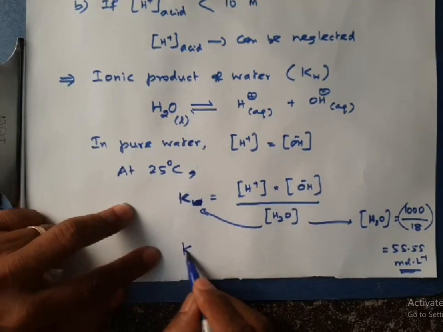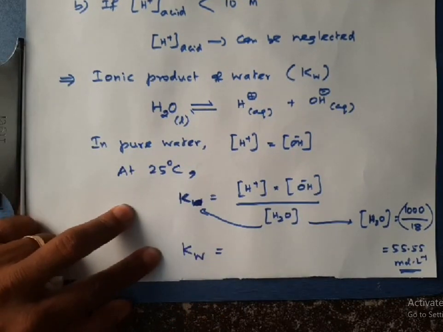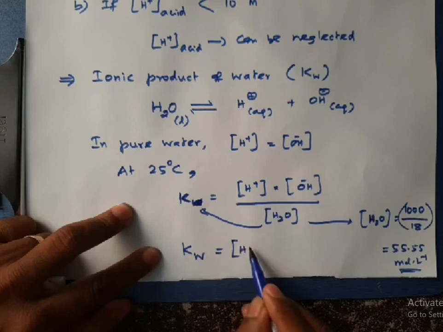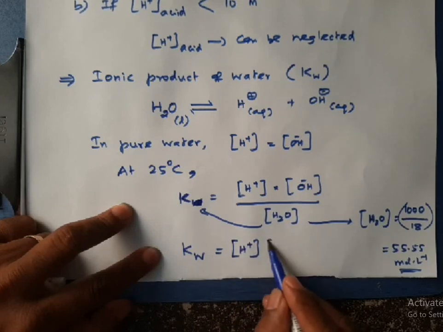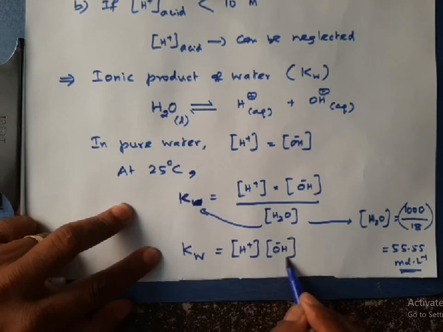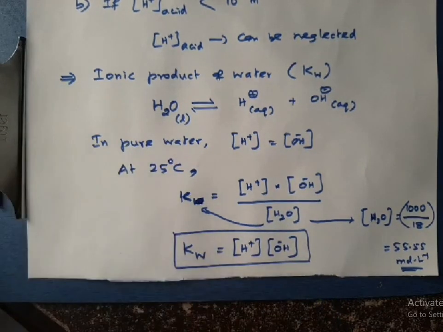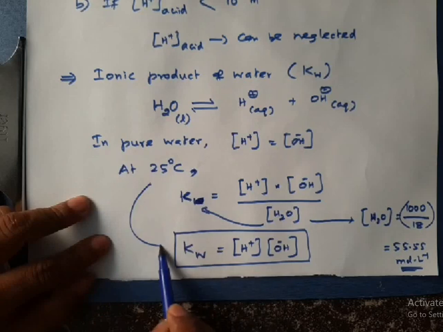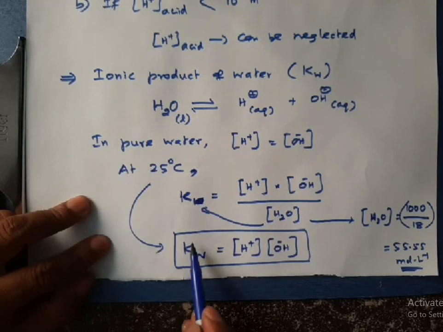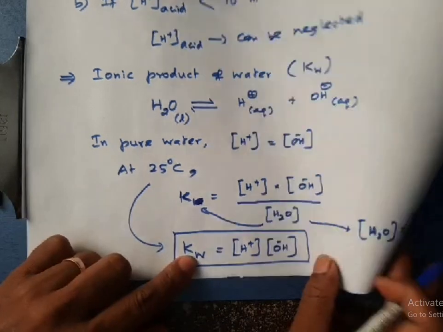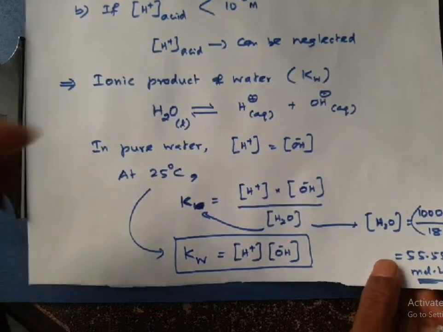Let me write that constant as Kw. So Kw is equal to the concentration of H plus ion times the concentration of OH minus ion. At 25 degrees Celsius, this value was found experimentally to be 1 into 10 power minus 14. Let me write it on the next page.